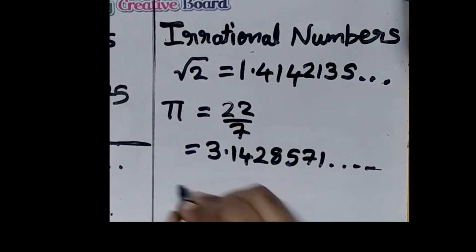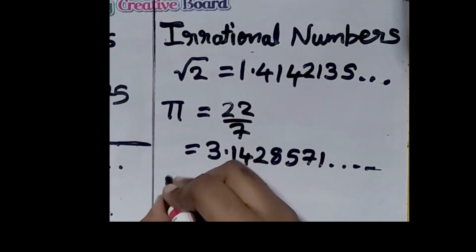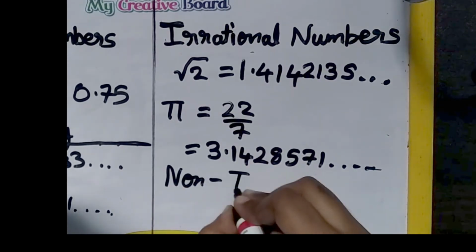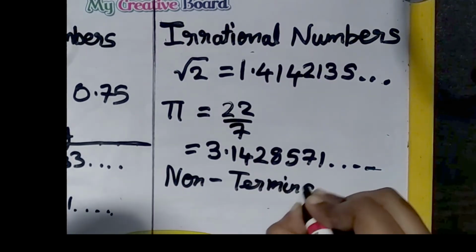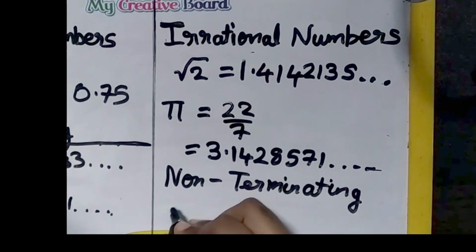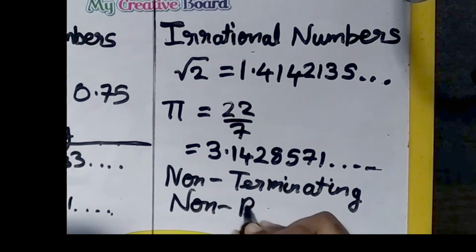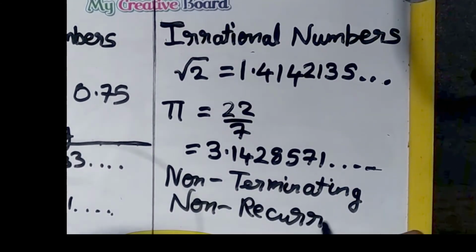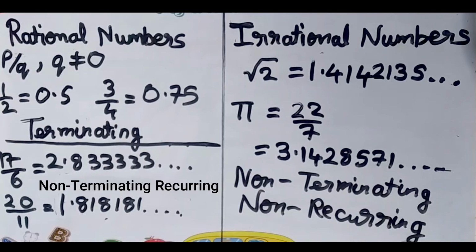So such type of numbers are non-terminating and non-recurring. It will not terminate, it will not stop, and it will not be recurring either.